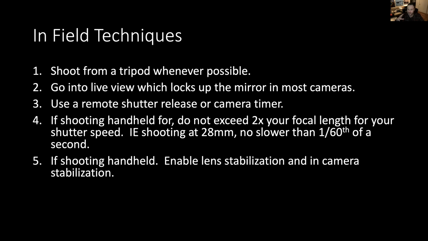So keep this in mind. If you have lens stabilization and camera stabilization, they say you can pick up as much as 5 stops or more. That's going to make a big difference. When we're talking about stops, you could go down 5 stops, so going from 1/500th probably all the way down to 1/80th of a second. You could slow your shutter down quite a bit and not have that issue.